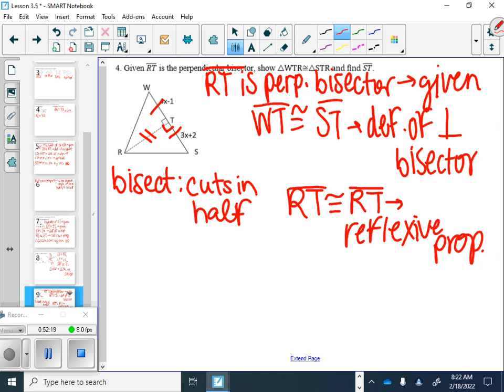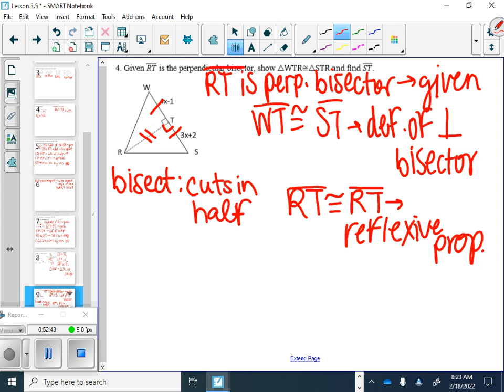So you could say by definition of perpendicular bisector. Okay, what do I have right here? A line. So you could say supplementary, or definition of perpendicular bisector, choice is yours. I'm just going to say supplementary. That's the first thing that came to my mind.